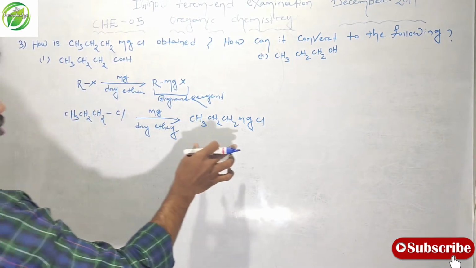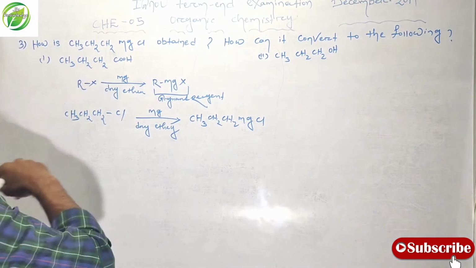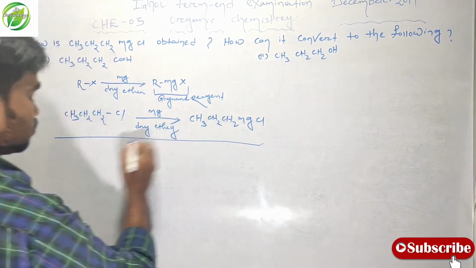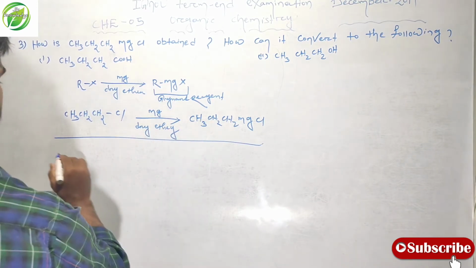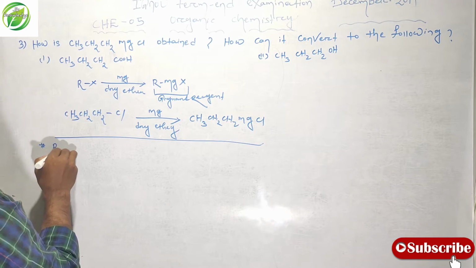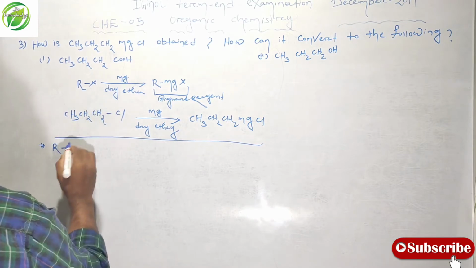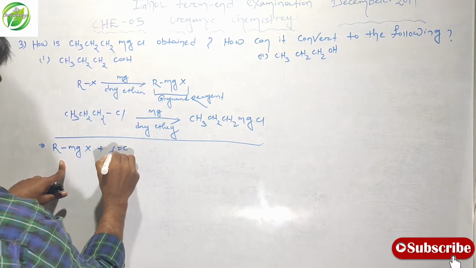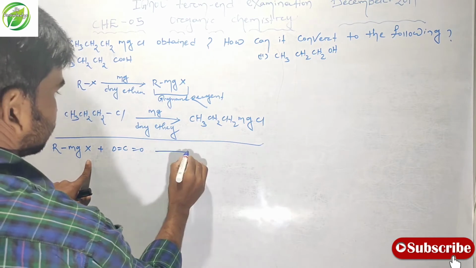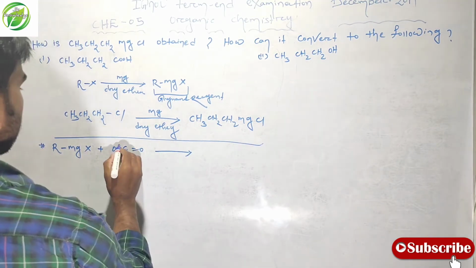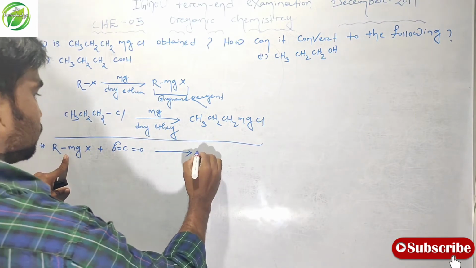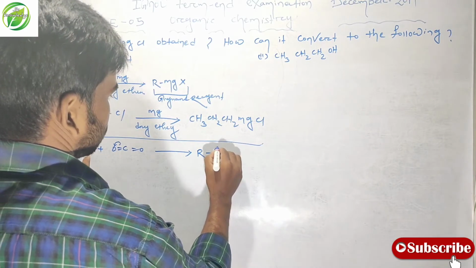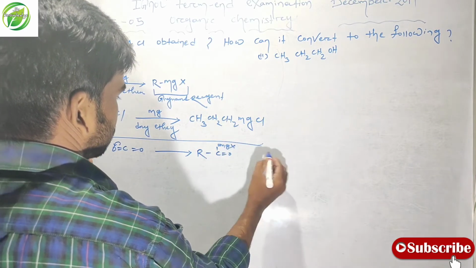How do we convert this Grignard reagent to this carboxylic acid? Friends, we know when Grignard reagent reacts with carbon dioxide, the resultant product is formed, that is RCOOMgX.